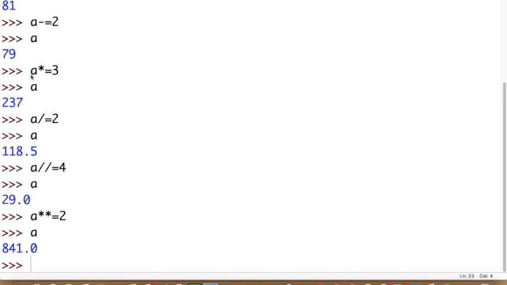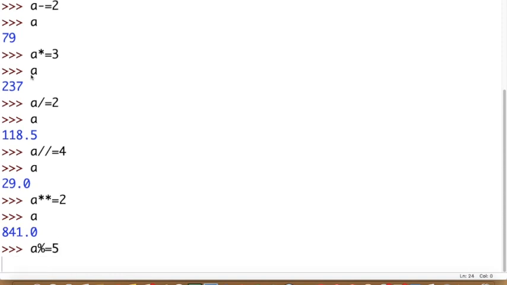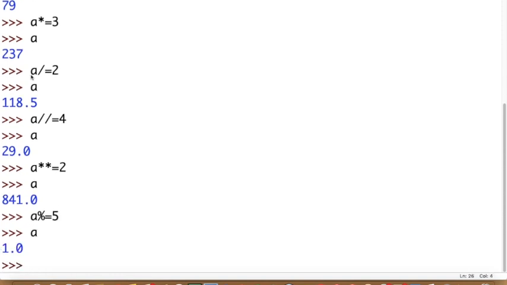Now let us go to the next step. The final step is A percent equal to 5. Now see what happens to the value of A. Now you can see the value of A changes to 1.0. That means it divides 841, which was the previous value of A, by 5 to get the remainder.